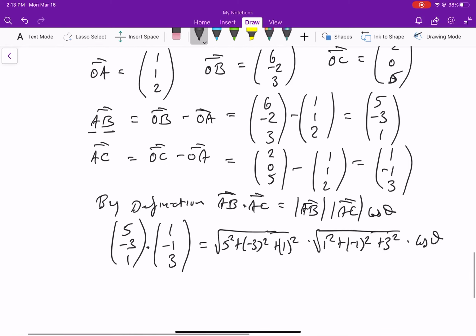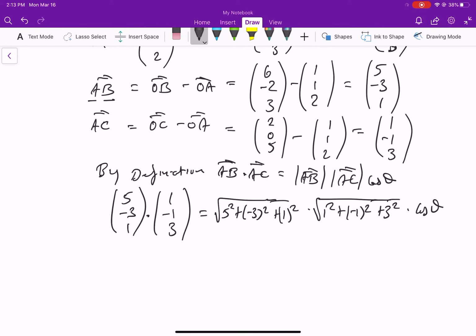On the left, we're going to have, what's this, 5 plus 3 plus 3, I think. And on the right, I'll have 25, 9 and 1, 35, square root 35, times the square root of 11, cos theta. I can't add these days.